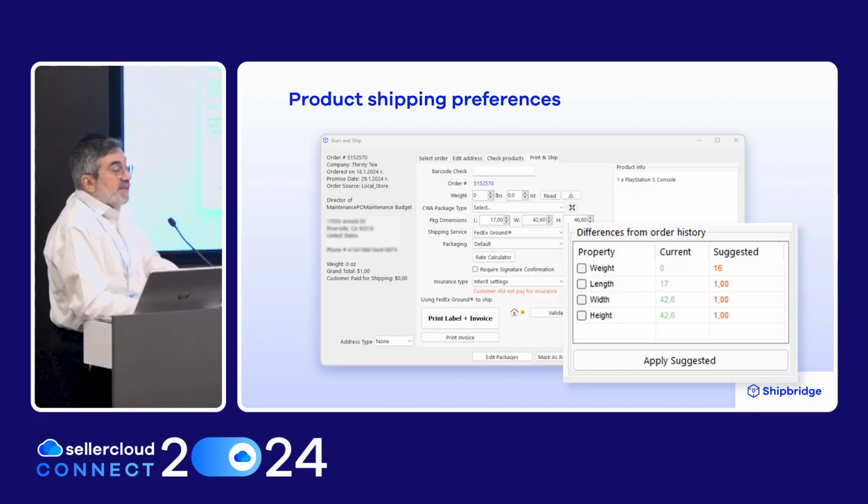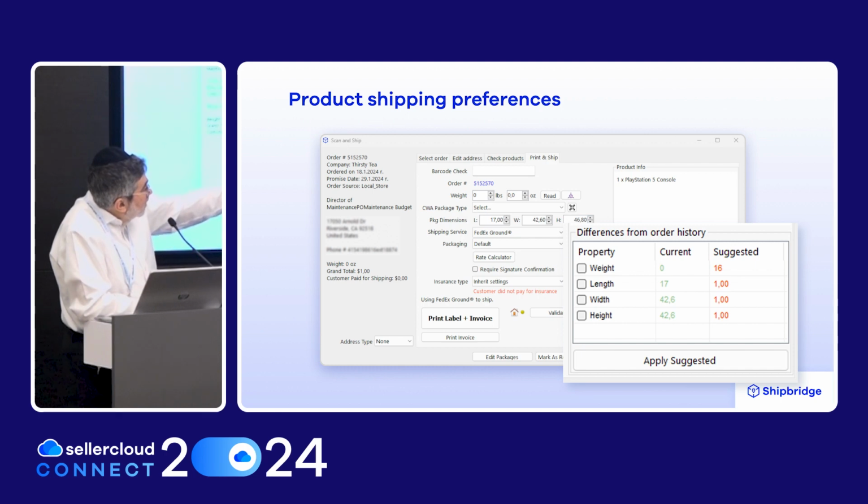Product shipping preferences. So we have a service running on Sellercloud that records frequently used dimensions and weight services that are regularly shipped under certain patterns. So there's an algorithm that remembers what you've done in the past, and when you make an attempt to ship otherwise, you get the little pop-up in the corner there, and it's telling you what the differences are between what you usually do and what you're trying to do right now.